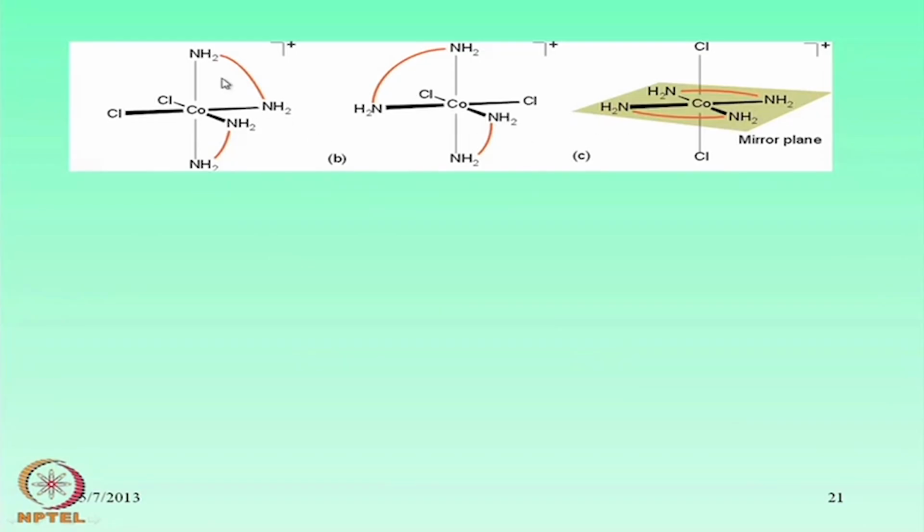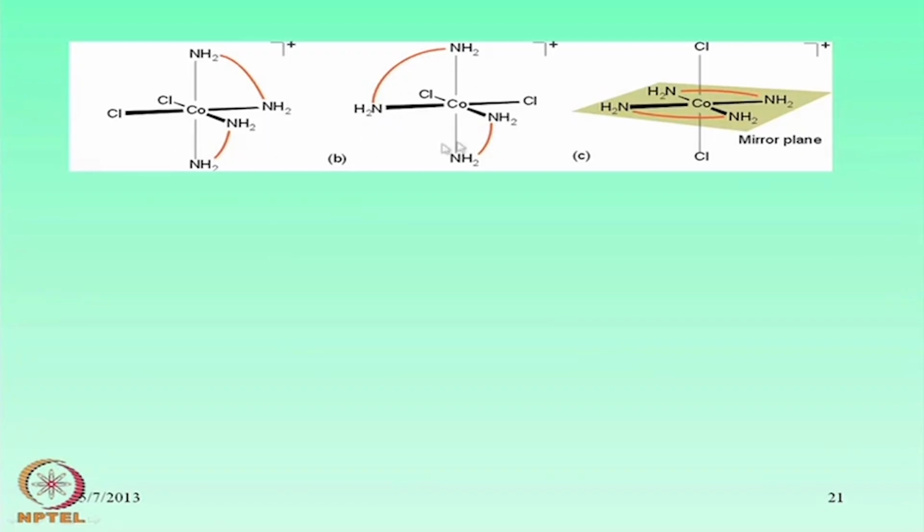For these two cis compounds we can have the corresponding form, that means this is one isomeric form which is in the delta form, going from top to bottom in one direction, and this is also from top to bottom in the other direction, and that gives rise to a different type of arrangement.